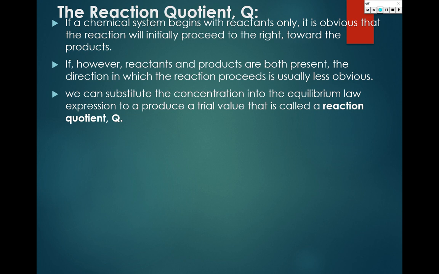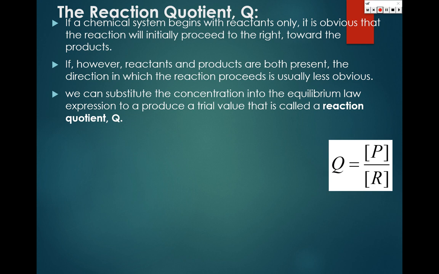So we're going to calculate this trial value. It's like somebody has taken a snapshot in time and said, what is going on at this concentration? So Q is calculated the same way as KEQ, and then you're going to compare them.